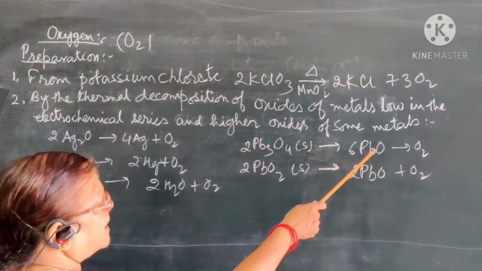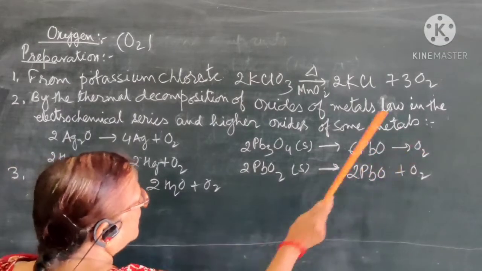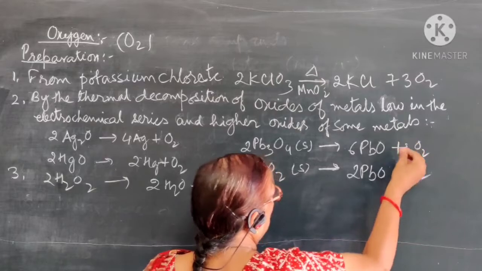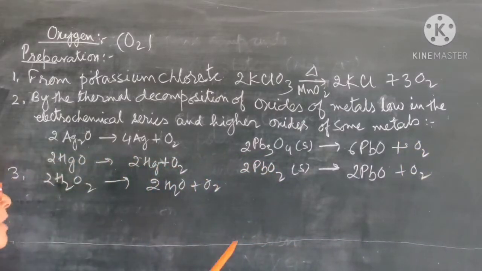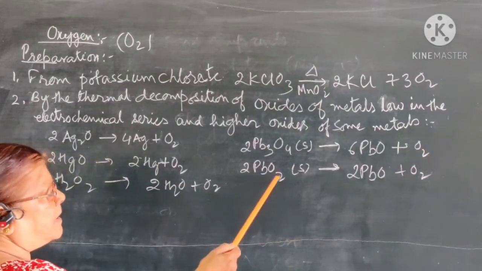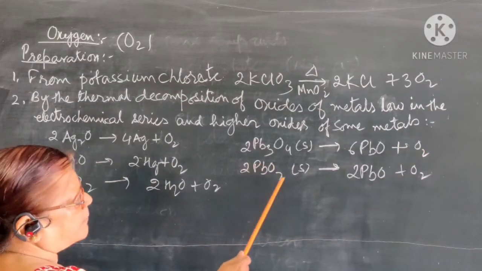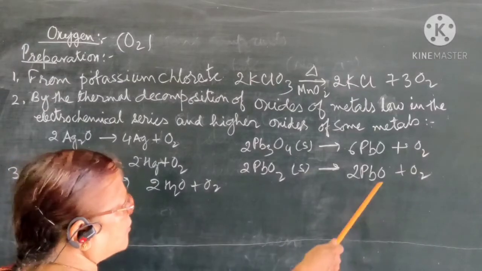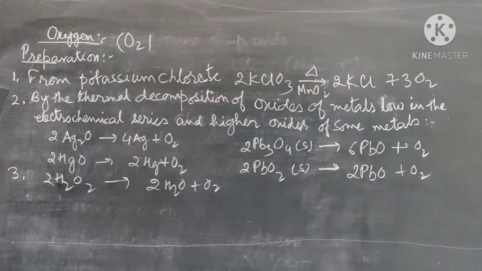When it is heated, it is converted into lead oxide with the release of oxygen. So when we heat it, you will get PbO plus O2, and when PbO2, that is lead(IV) oxide, is heated, it is converted into lead oxide and oxygen.